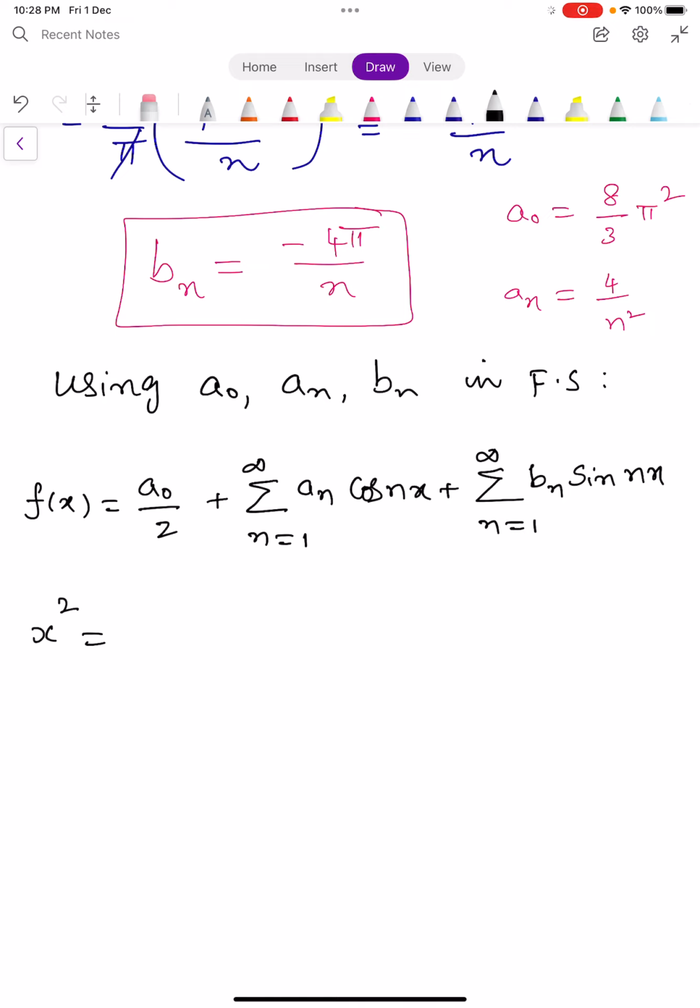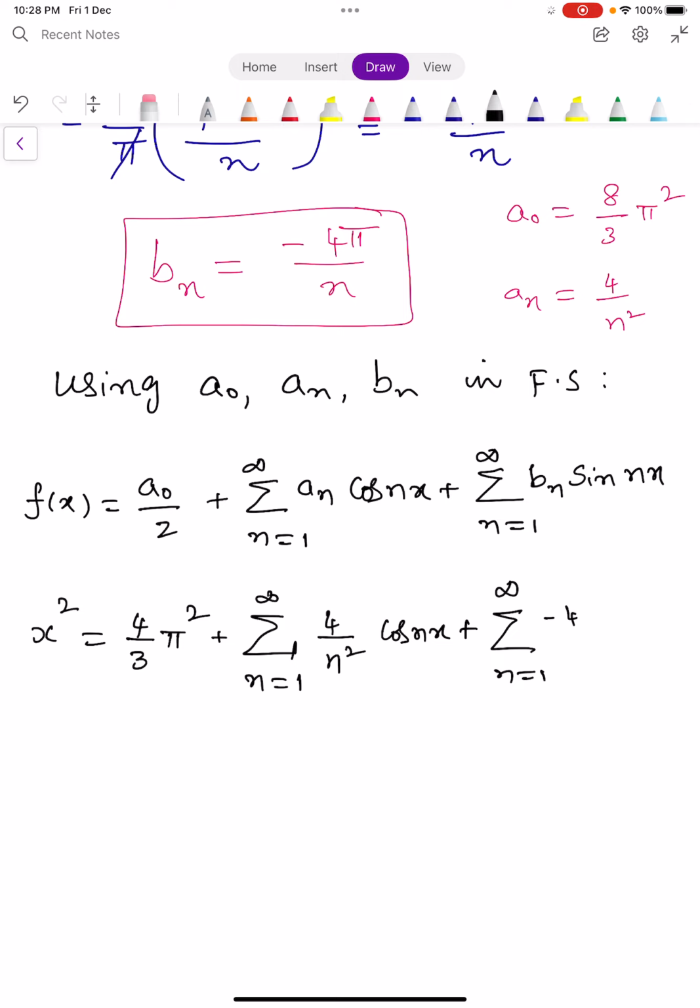A naught by 2 means 4 by 3 pi square plus summation n equals 1 to infinity 4 by n square cos nx plus summation n equals 1 to infinity minus 4 pi by n sin nx.